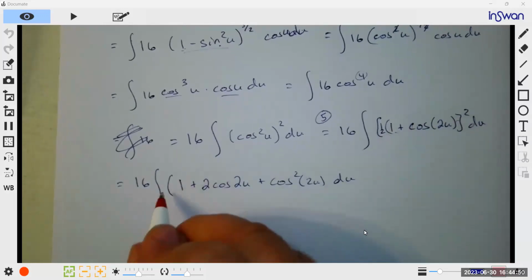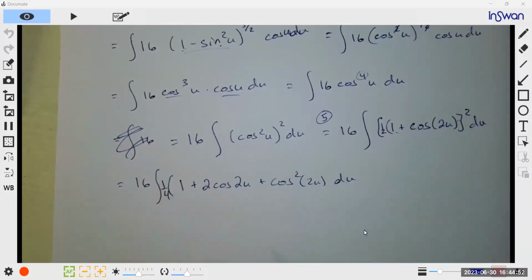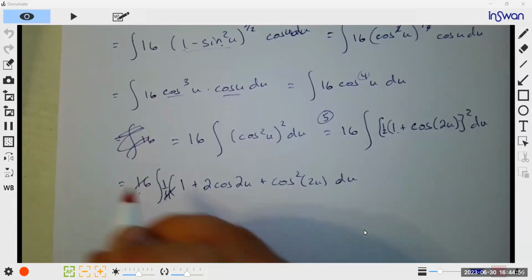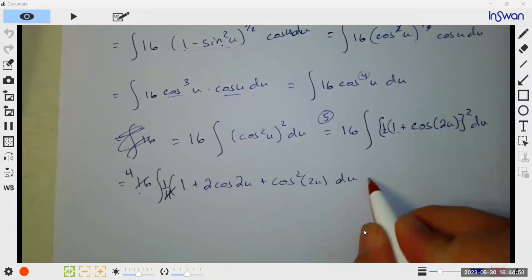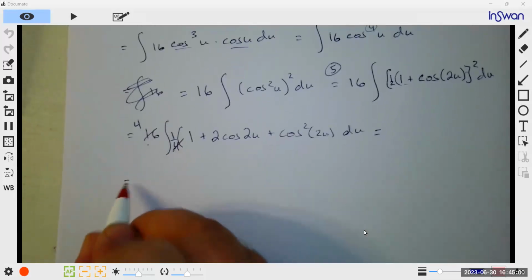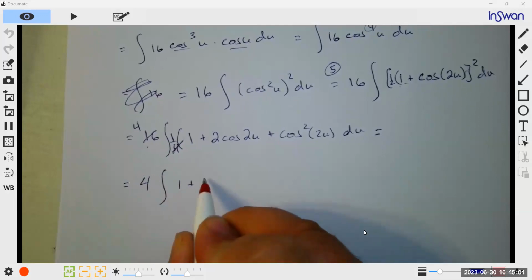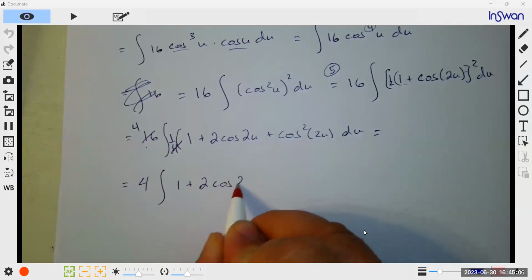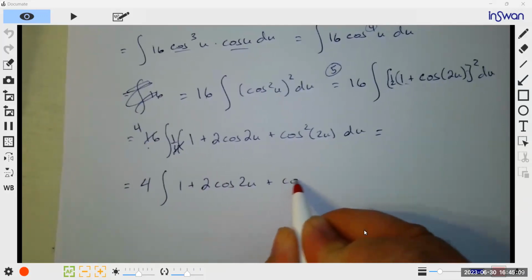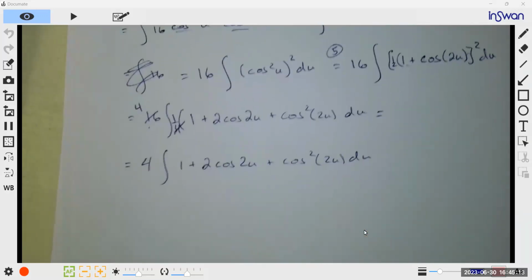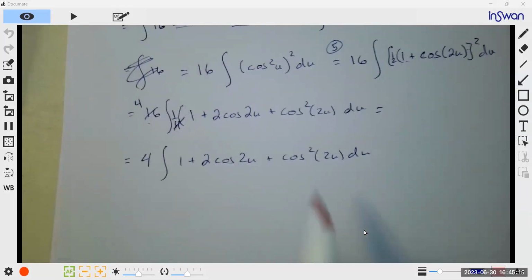So when I square that, it becomes 1/4. And the 4 and the 16 cancel, giving us 4 times 1 plus 2 cosine 2u plus cosine squared 2u du.